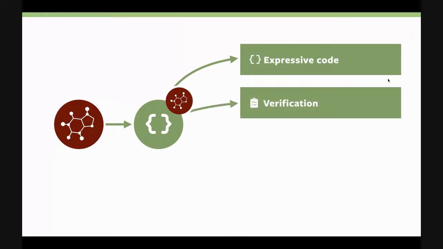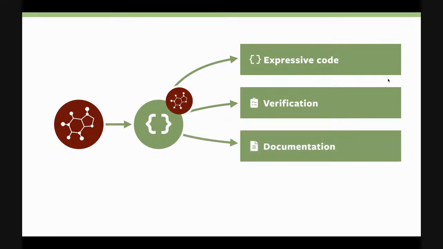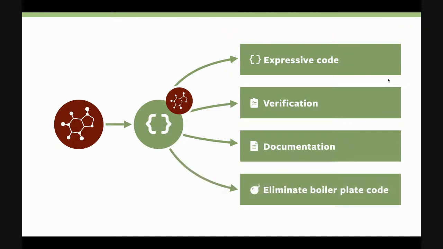So we have more expressive code in the first place. I'm going to discuss this in a second. We can verify the expressed model against the rules associated with the concepts. We can derive reasonable documentation about the system, and we can even eliminate a lot of boilerplate code when it comes to the integration at the application boundaries, like persistence or APIs.